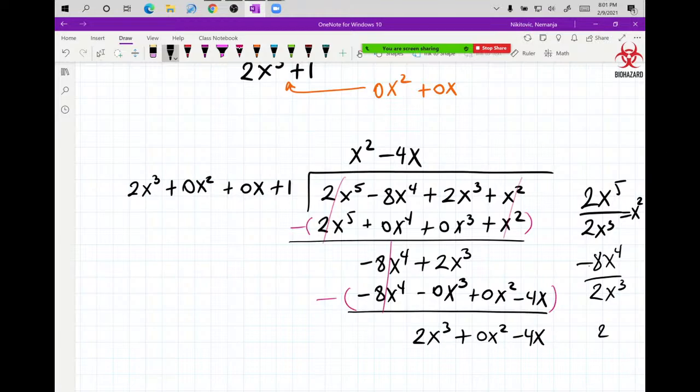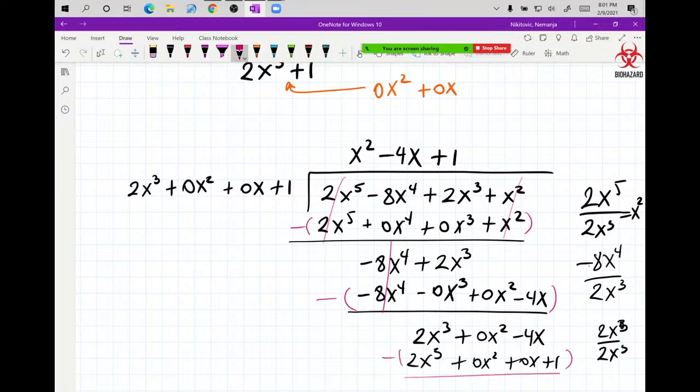All right, so now 2x cubed divided by 2x cubed. Those are my front coefficients, leading terms. So that's a 1, plus 1. And you multiply it back. It's 2x cubed plus 0x squared plus 0x plus 1.